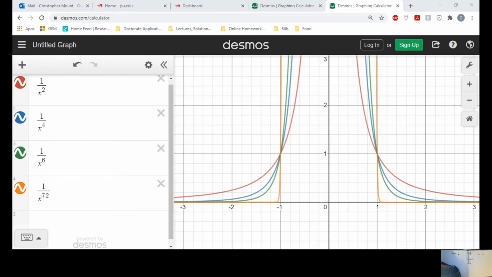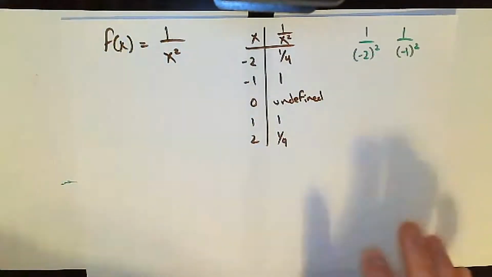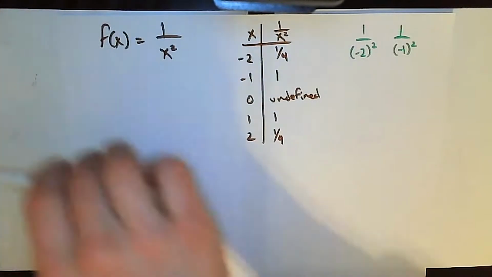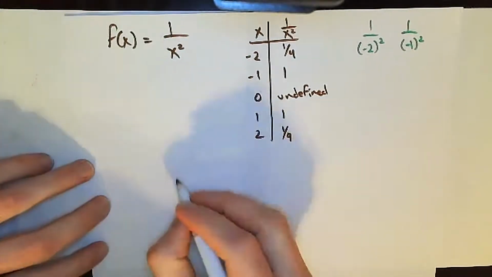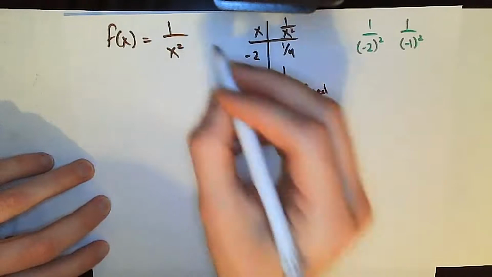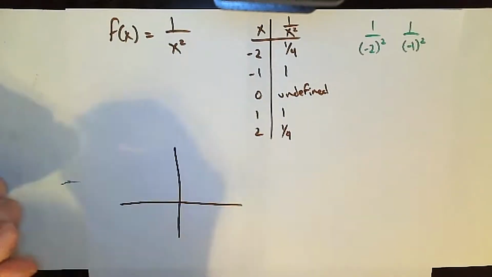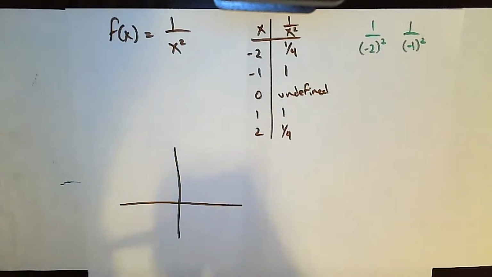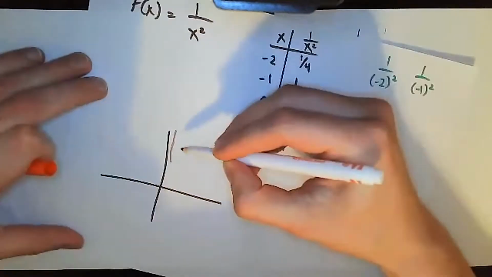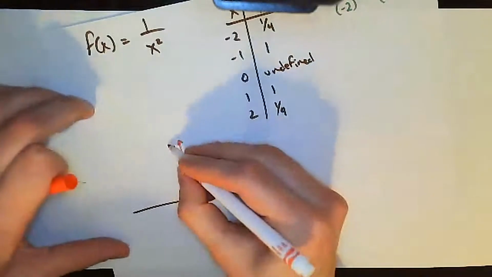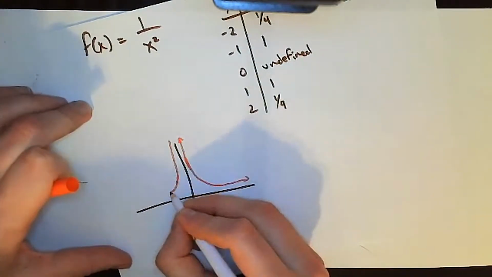Okay, but what's the point? What do I want you to know? I don't need you to know specifically what the graph of 1 over x to the 72nd is. It's really about knowing that when it's a reciprocal function and the exponent is even, you should expect a shape like this: an L over here looking thing, and then an L in the second quadrant.